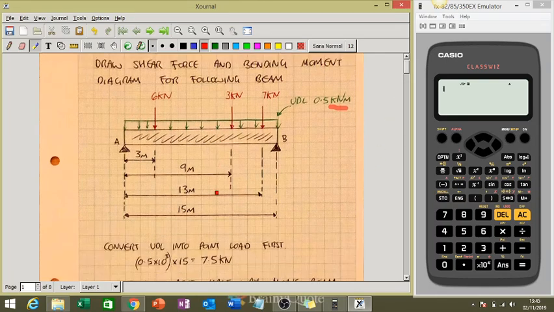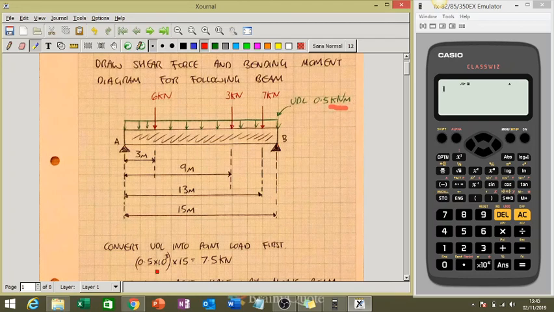First of all, you've got to convert the UDL into a point load, because we need to take moments to work out this reaction and this reaction. So point load, point load, point load, UDL. To convert that into a point load, we multiply by the length it acts over. In this case, it's 15 meters and 0.5 kilonewton per meter.